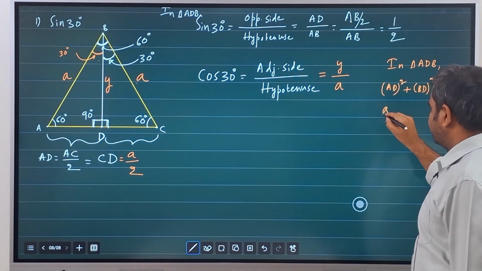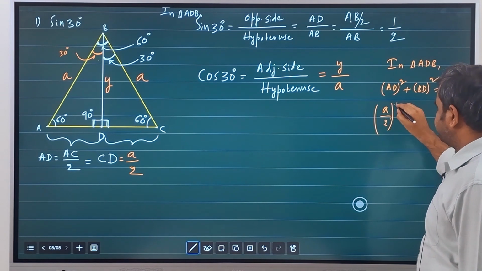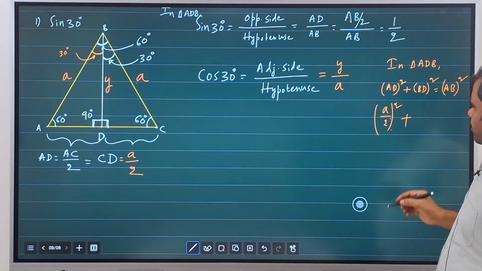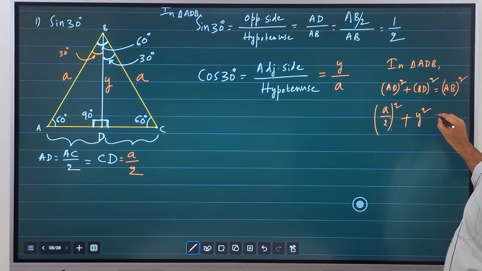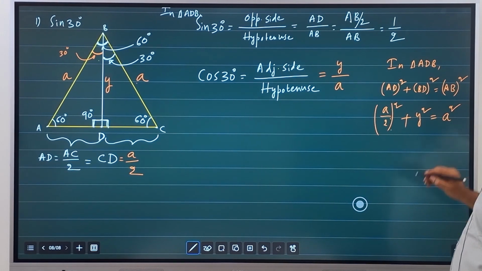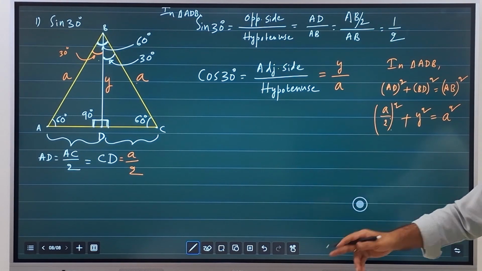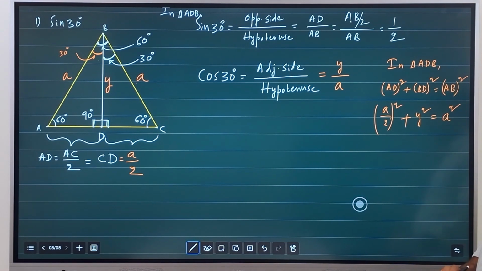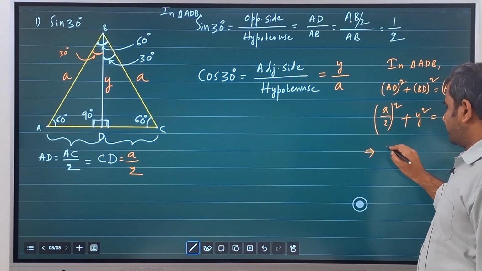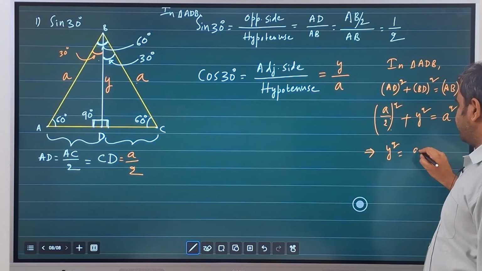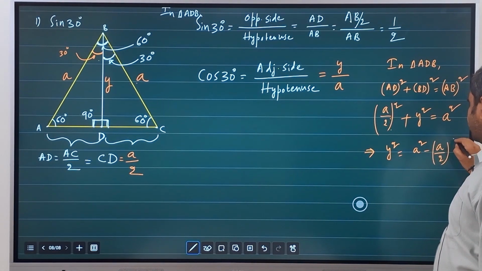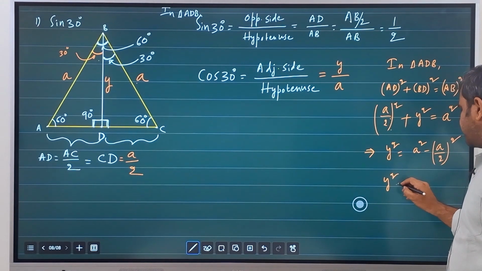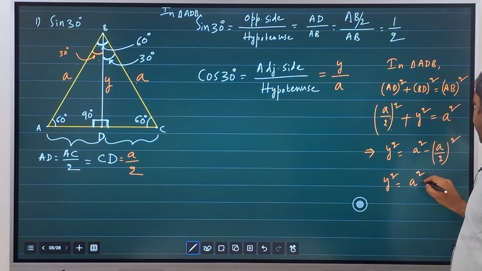AD square is A by 2 whole square. BD square is Y square. And AB square is A square, where AB is A, the side of the equilateral triangle. So Y square is equal to A square minus A by 2 whole square, which is A square minus A square by 4.